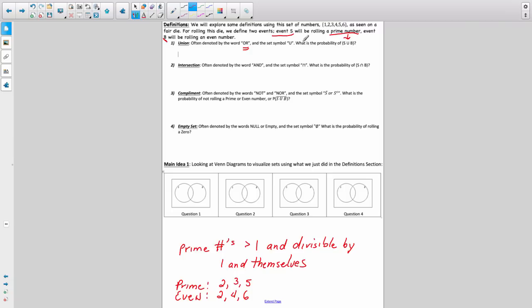So if you want to know the probability of S union B, that would be 2, 3, 5. That's my set S. And if I union the set B, those are my evens, right? That would be 2, 4, and 6.